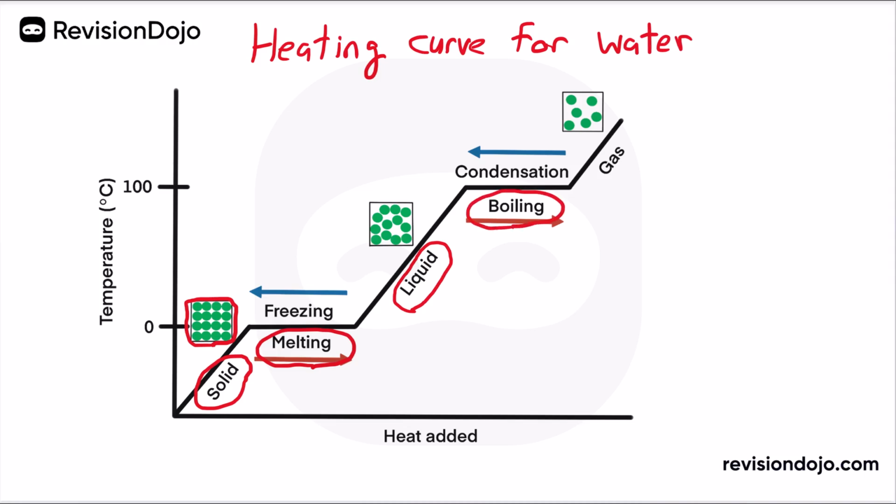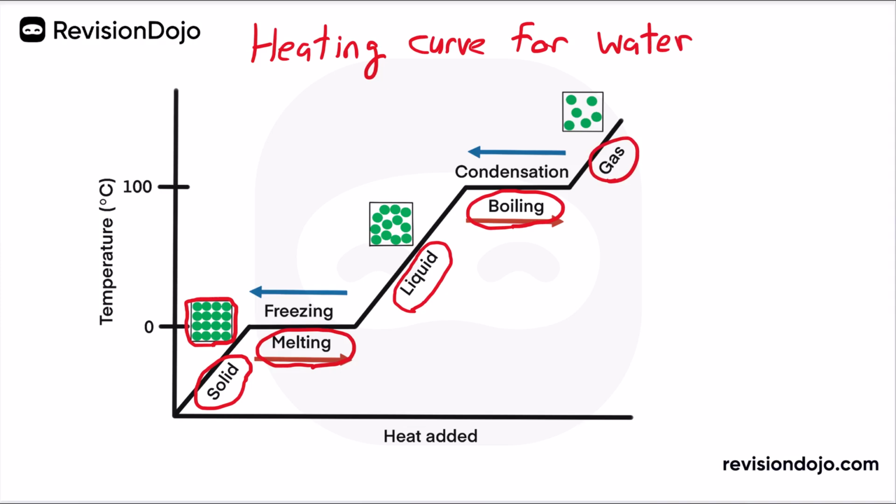Once again at this point we see that even though heat is being added, there's no change in the temperature. This is because the heat added is being used to overcome the intermolecular forces between the particles. And once those intermolecular forces are overcome, the liquid is now a gas, which we call steam.